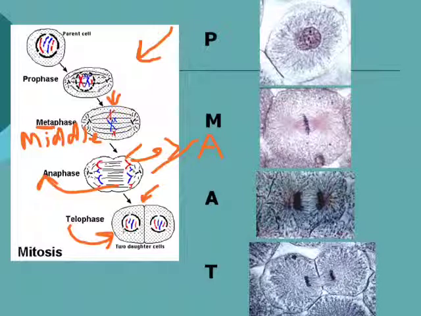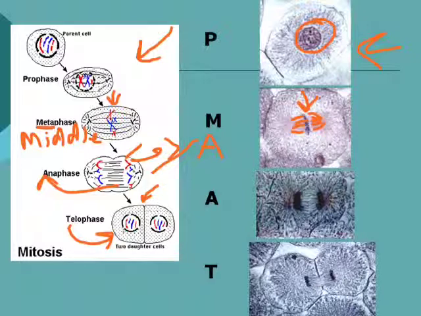Here are the real pictures that you're going to be seeing in the lab on Tuesday. Starts with prophase. You can actually start to see the chromosomes that are appearing, that are condensing, here in the nucleus. Metaphase, they're lined up. You've got your spindle fibers that are starting to pull them to either side of the cell.